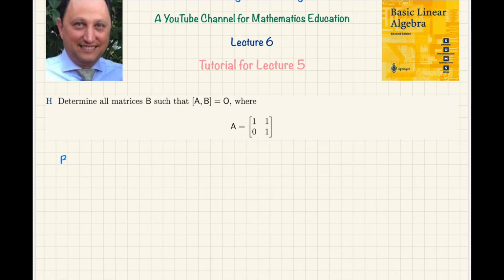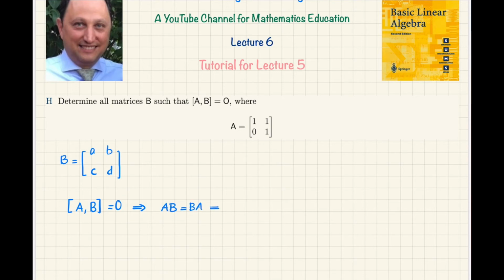So let B be equal to this given 2 by 2 matrix, A, B, C, D. Okay, because it is mentioned that the commutator of A and B is equal to the zero matrix, I can conclude that AB is equal to BA.